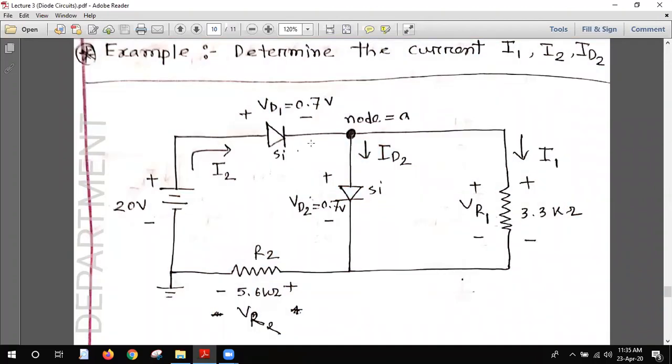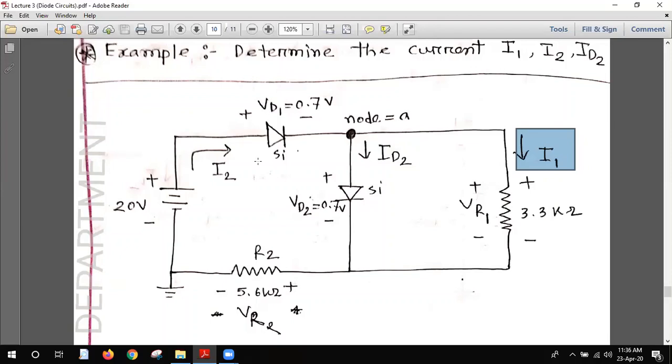The I2 current entering this node will equal the summation of the two exit currents, ID2 plus I1. Remember, this is the entering current I2 and the exit currents ID2 and I1. So ID2 plus I1 equals I2. We need to find these three currents.